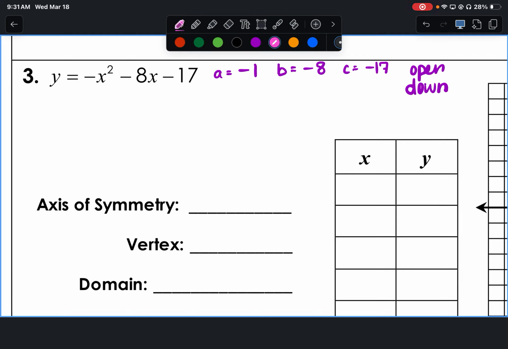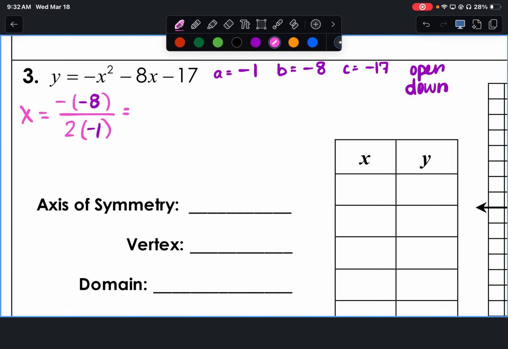Now we're going to look at our axis of symmetry. So we're going to do x is equal to -b over 2a. What do I need to plug into the numerator right there? What is our b? -8. What do I plug into the denominator? -1. So what is our numerator going to be?